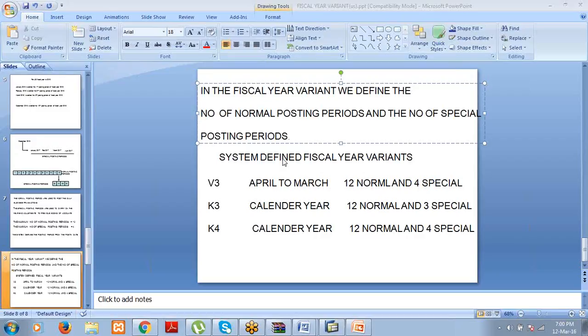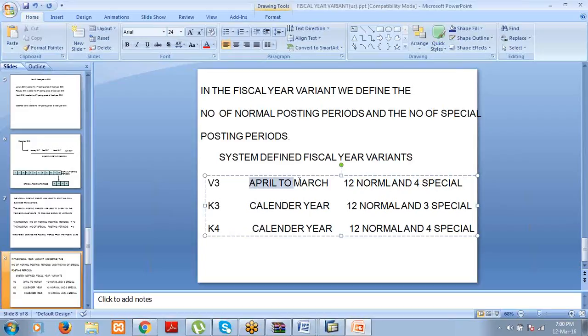For that purpose, we can use the system defined fiscal year variants, or we can define our own fiscal year variants. These are some of the system defined fiscal year variants. V3, April to March, 12 normal and 4 special.